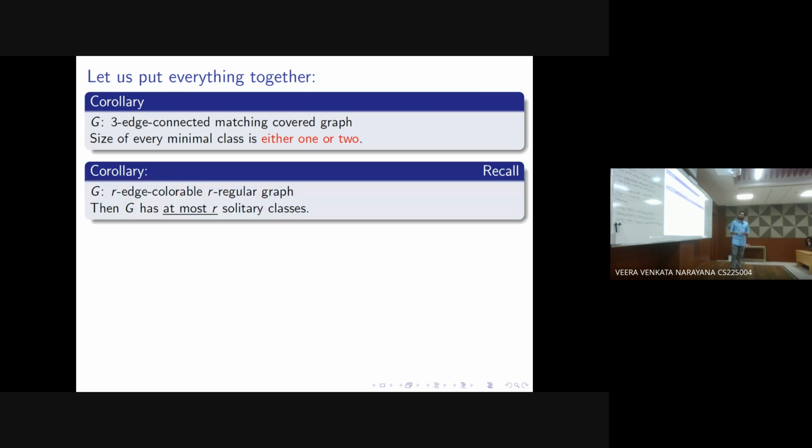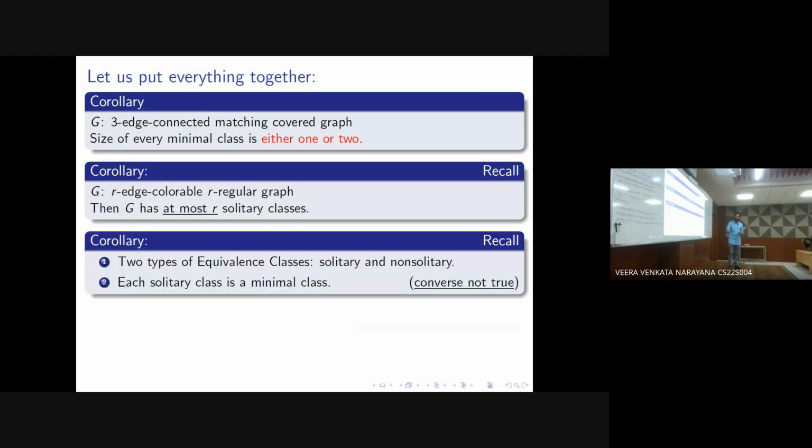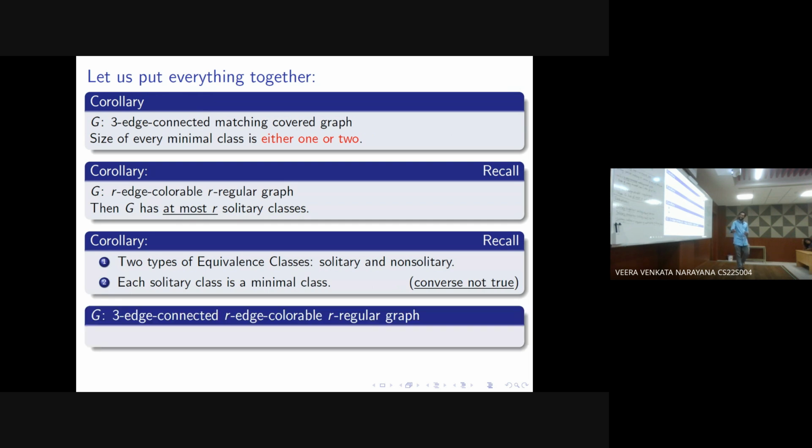Okay. So let's put everything together, what we have observed till now. This we just saw as a corollary of Lucchesi and Murty. And if you take any r-edge-colorable r-regular graph, it has at most r solitary classes. And each solitary class is a minimal class. That means if you take any 3-edge connected r-edge-colorable r-regular graph, it has at most 2r solitary edges.